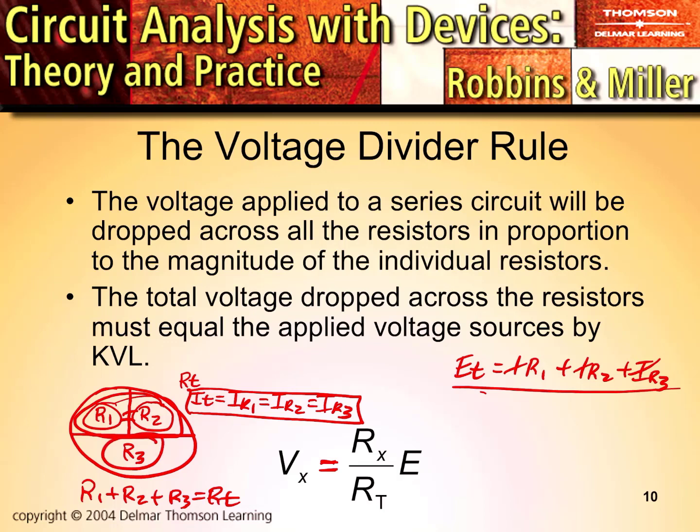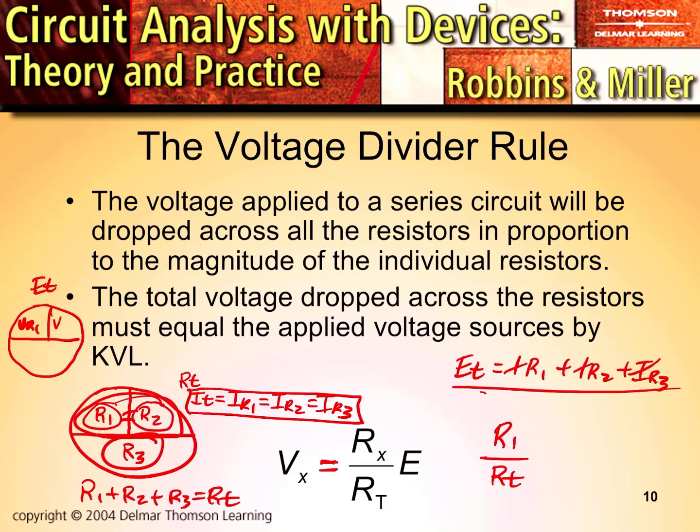R3. So therefore, what it means is if we make a fraction of resistance 1 with respect to R total, that'll be the same fraction that makes up our voltages when it comes to E total.